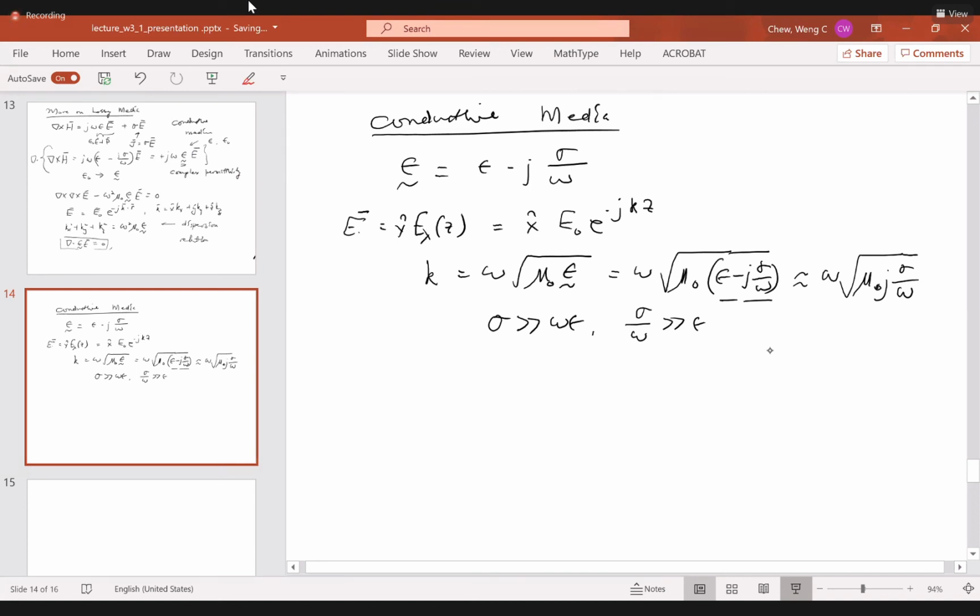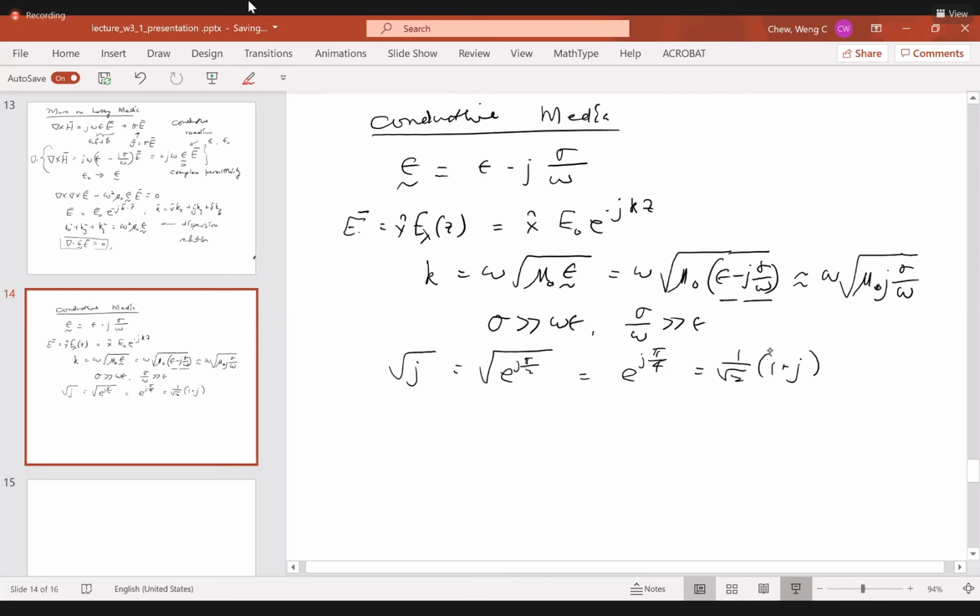Square root of j is square root of e to the j pi over 2, which is e to the j pi over 4, and this actually gives you something like 1 over root 2 times 1 plus j. Okay, you can take the square root of this, and that is what you get.